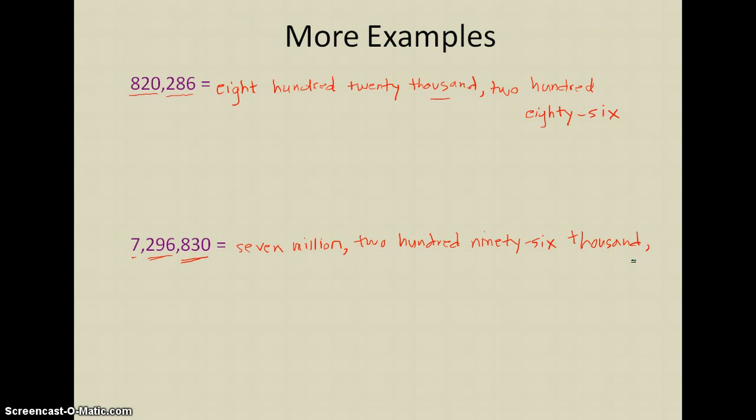Put another comma, and then I'm going to write the last part of the number here, which is 830. And so now I've written out the number, and if I read it out loud, it should look just like the way that I read the number when I read it, 7,296,830.